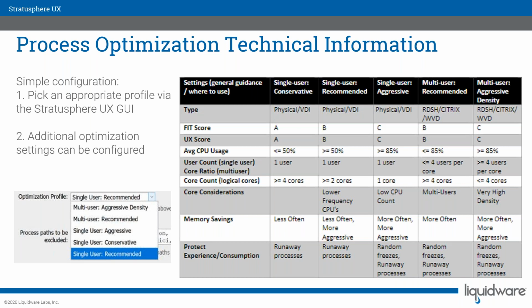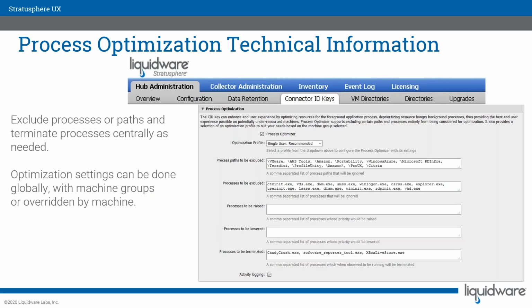Here's how you configure it. So under the connector ID page in the administration, you basically enable process optimization. You've got paths, so I'm going to exclude certain things. Amazon tools, Citrix tools, Microsoft tools, Profile Unity, our tools, Teradata. We put in here a default list of things that should be excluded, processes to automatically raise or lower.